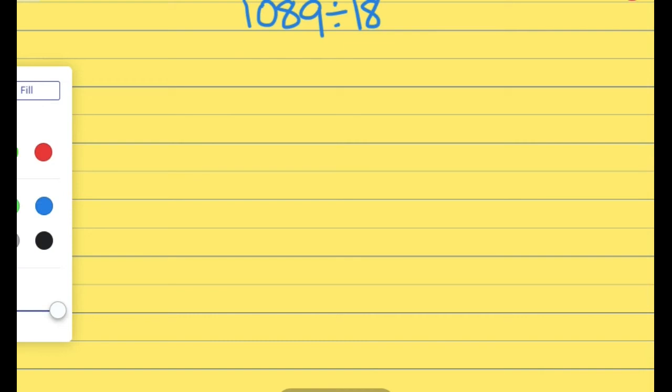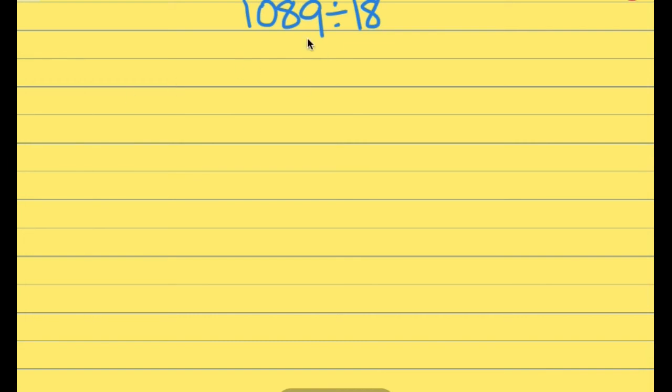So when we estimate, I'm going to look at the 0 in the 1,089 to help us estimate, and then the 8 in the 18. If we round, anything 5 and below will give you just down, so we'll write 1,000. Anything 5 and above will give us more, so we're going to round up, and we'll have 20.